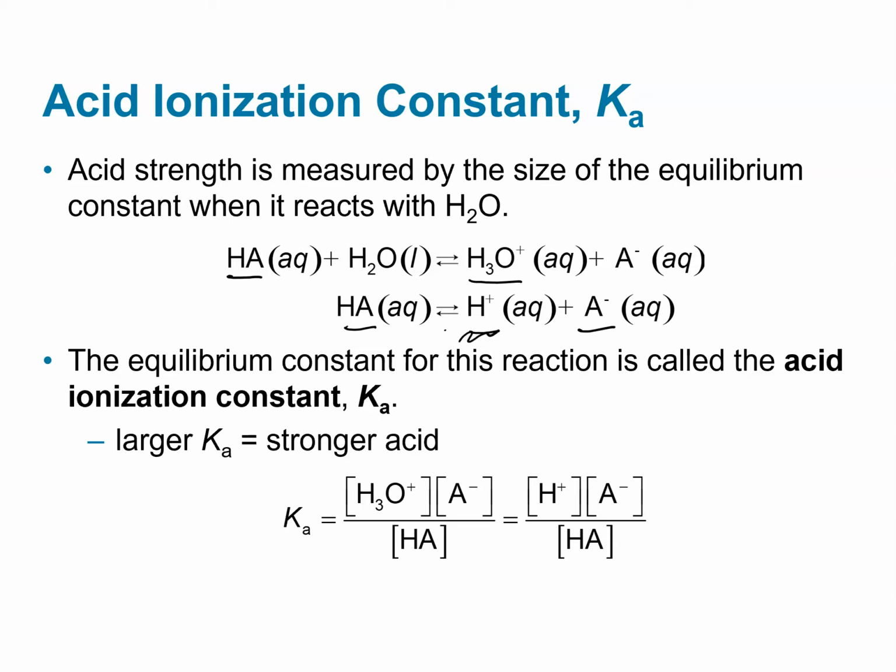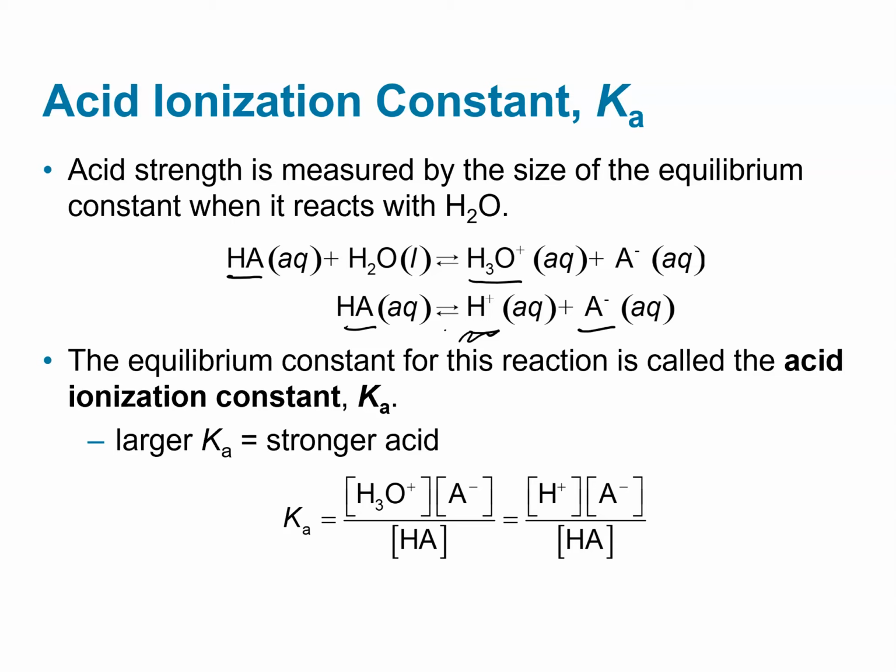So this all said, the equilibrium constant for this reaction is called the acid ionization constant, K sub A, or Ka. That's how I usually say it. And just like a large K means products are favored in any equilibrium condition, a large Ka means we have a situation in which our products are favored, meaning that proton behaved in an acidic fashion.